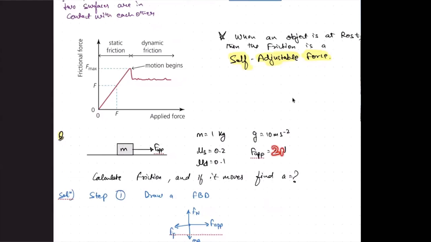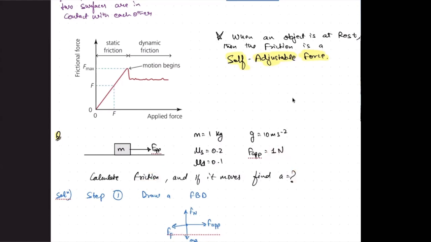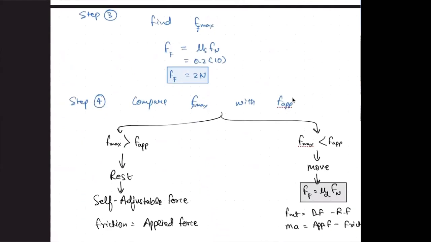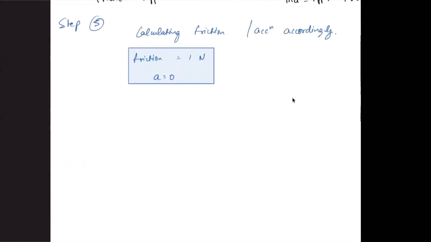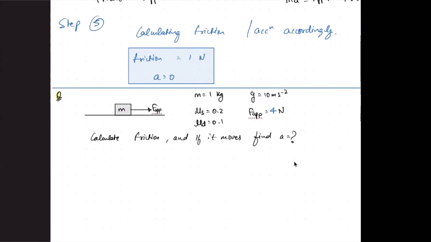Till it is 2 Newton, the friction will be 1.5 Newton, acceleration will be zero, because it can resist the force till that point. Say yes or no. Okay, now I'm giving you a question and I want you to solve it, and then we will continue in the next class.